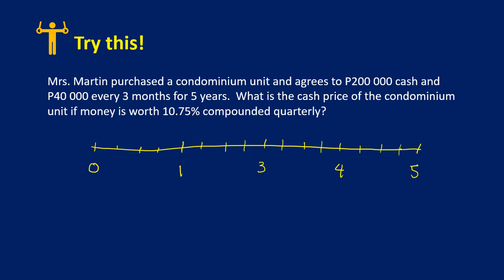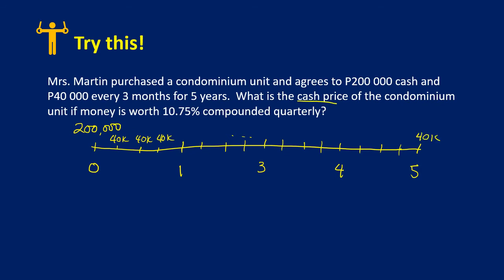Okay. She paid 200,000 here at present as down payment. And then for each period, every 3 months, she will pay 40K. All right. And so on until here. What is the cash price?